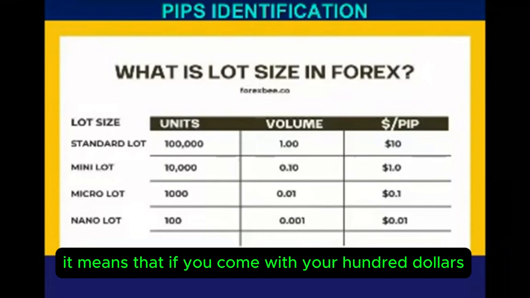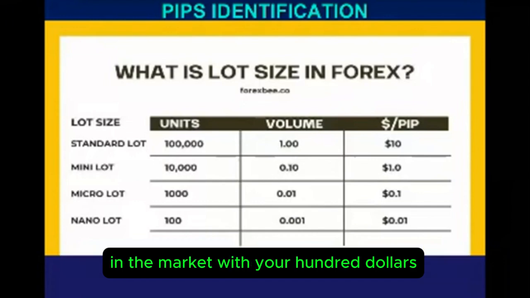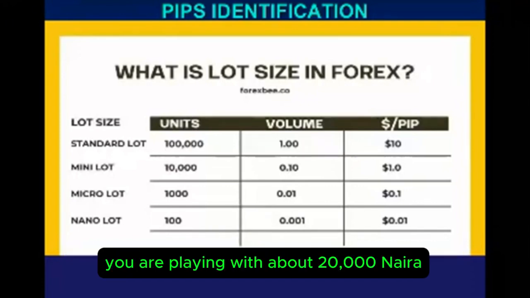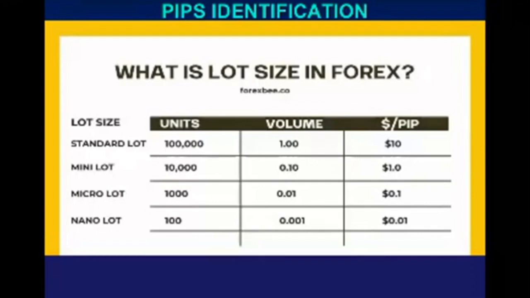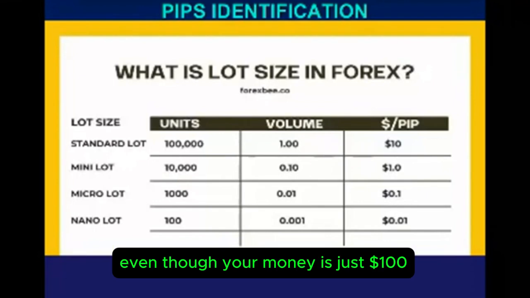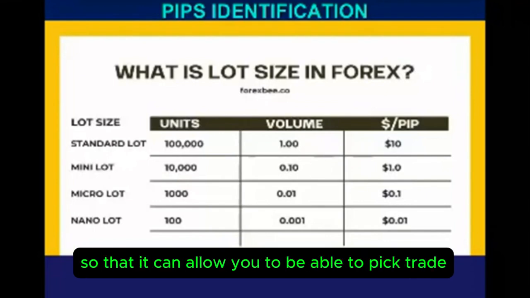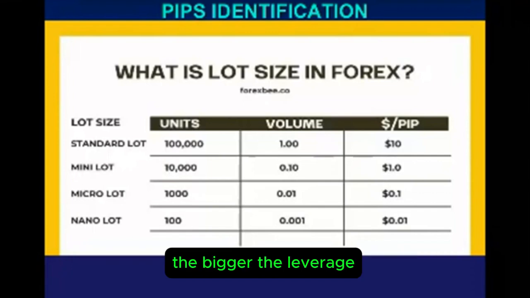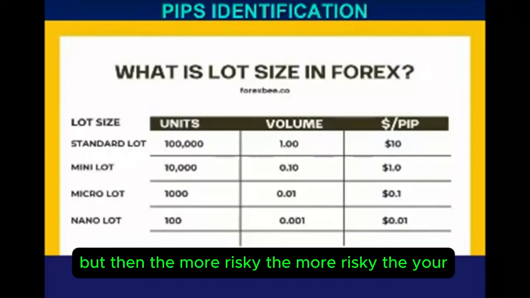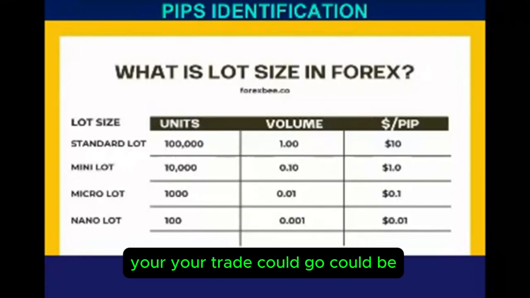It means that if you come with your $100 in the market, because of the leverage of 200, the system will see it as if you are playing with about 20,000 naira, even though your money is just $100, so that it can allow you to pick trades. The bigger the leverage, the more opportunity you have to trade, but the more risky your trade could be.